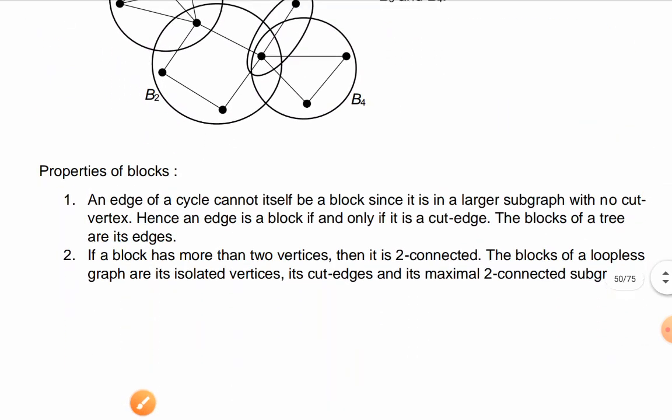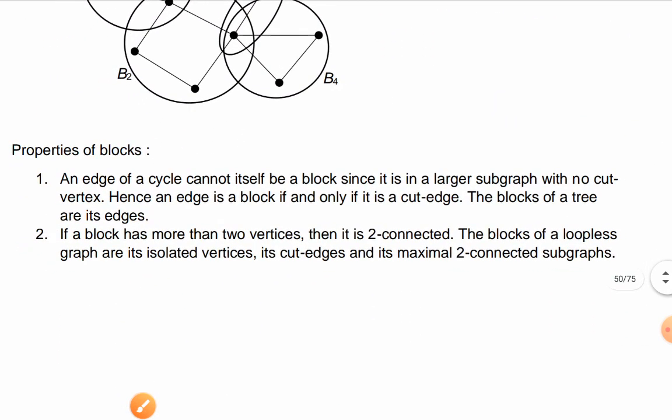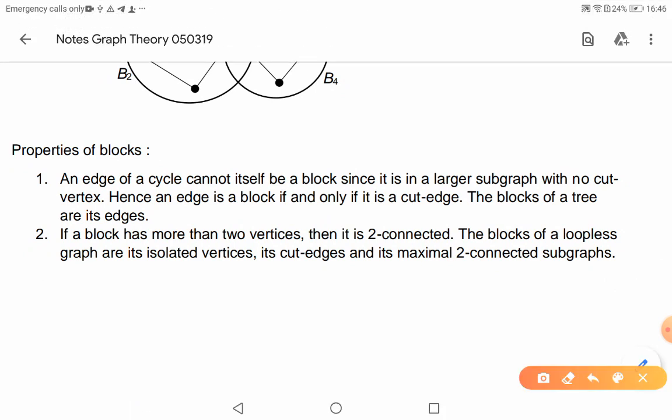So what are the properties of blocks? Number 1: an edge of a cycle cannot itself be a block, since it is contained in a larger subgraph with no cut vertex. Hence, an edge is a block if and only if it is a cut edge.